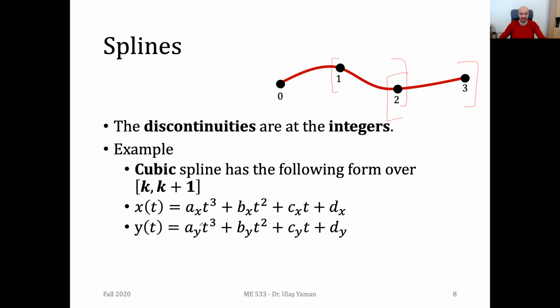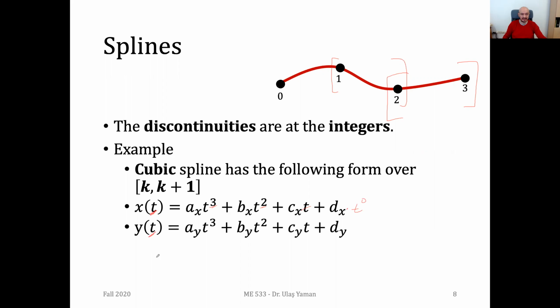But the thing is that they may have different coefficients. Depending on the coefficients, they have different orientations, or their directions are a bit different. You see, this is a third order parametric representation. We have here t cubed, t squared, t, and 1, and the x coordinates are represented with the help of t, and y is the same.